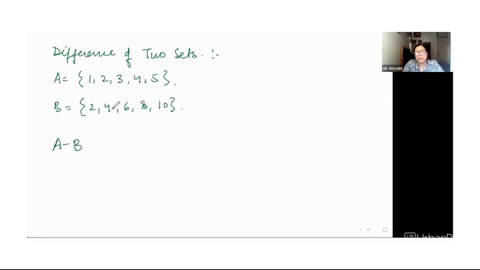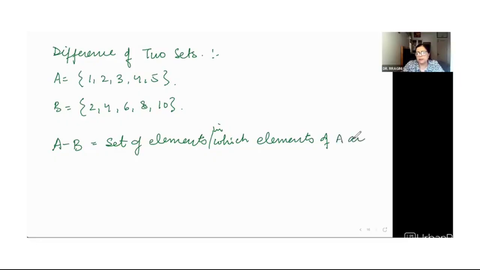We can write A minus B as well as B minus A. So A minus B is the set of elements in which elements of A are there which are not common with B.